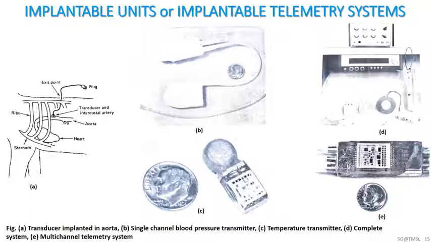For cardiac implants, a stab wound in the ventricle permits the ready insertion of the transducer, placed free of both the myocardium and the chordae tendineae.